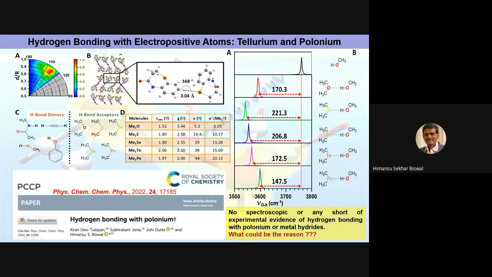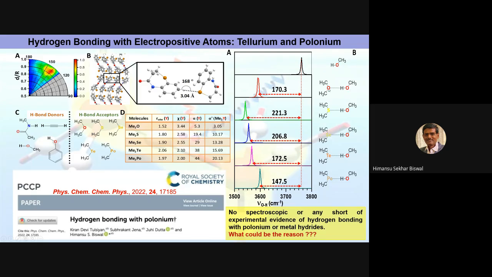When we say IR spectroscopic signature, if you take my hydrogen bond donor OH, and the acceptor is dimethyl ether or CH3CO, and we monitor the IR stretching frequency, the OH vibration in the monomer comes here.